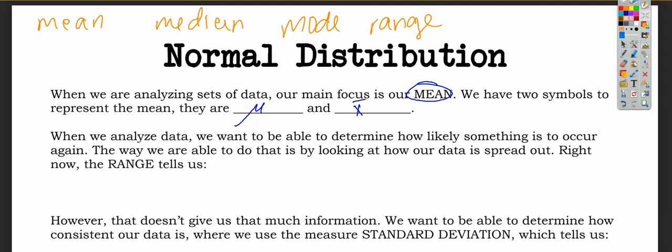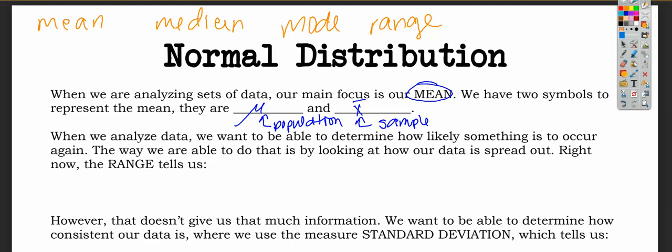Those symbols represent mean, and they do represent different means in a problem. In this class, you just need to be able to recognize that both symbols mean mean. But if you were to take further statistics classes, you would realize that this one is called the population mean, and this one is called the sample mean. The sample is like the survey you're collecting.